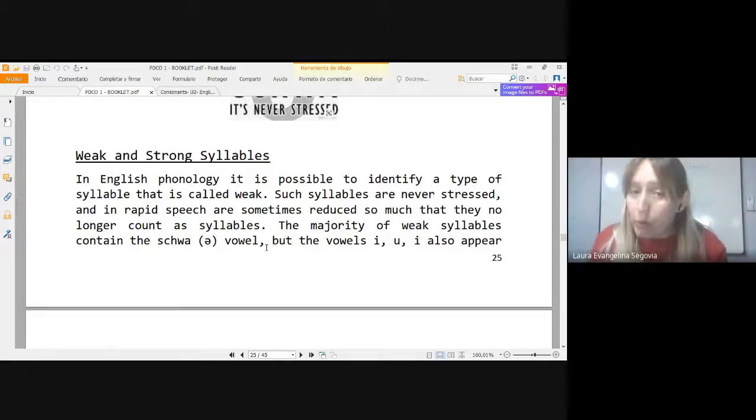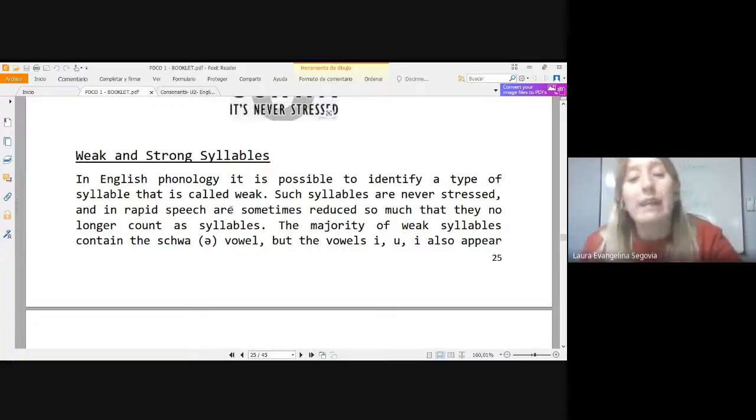And we know now that English pronunciation is different from our own. We can also think, with the example of interest in last class, that there are certain syllables in a word that are said in a stronger way, stressed, and others that are weak.